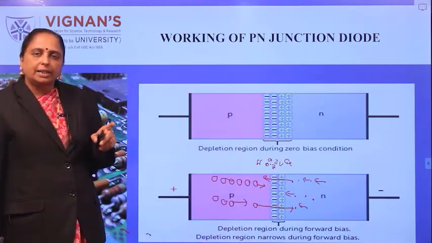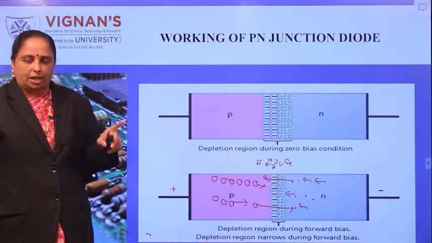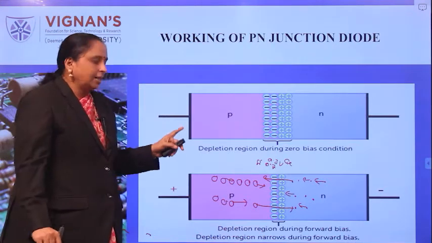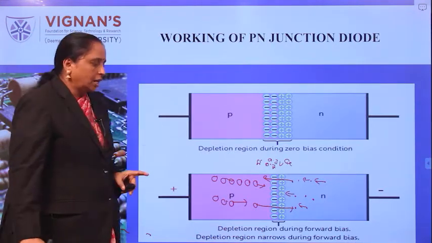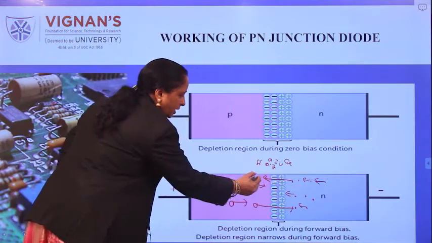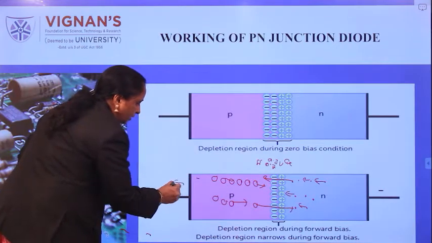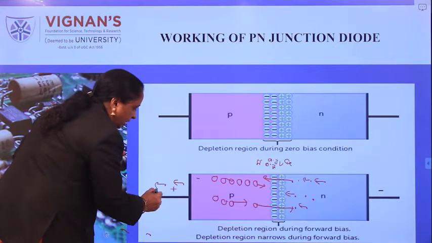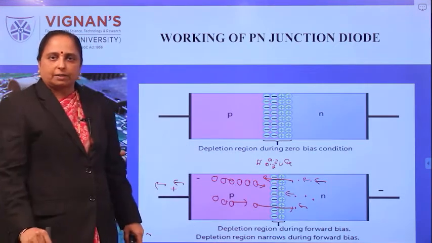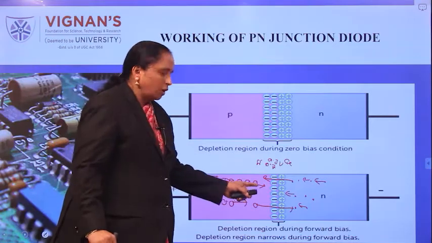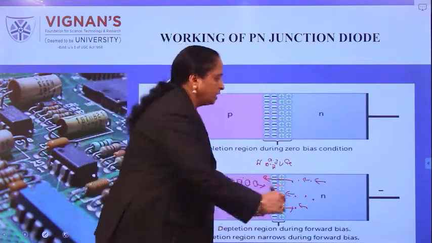Therefore, the current in the external wires is due to electrons only. Please remember, the current in the external wires is due to electrons only. So, the electrons cross this barrier with a lot of speed and they will come like this. See, like this, the electron flow will take place. Similarly, the holes cross the barrier and they reach here.